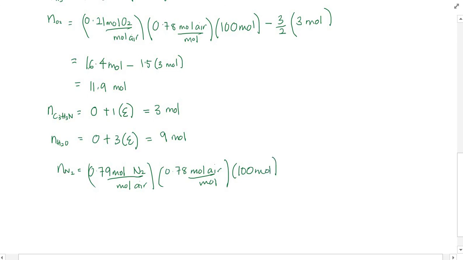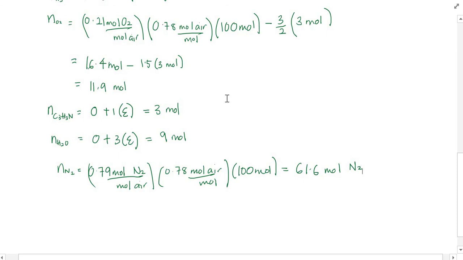So the number of moles of nitrogen in the product is equal to the number of moles of nitrogen at your input, which is 61.6 moles of nitrogen.